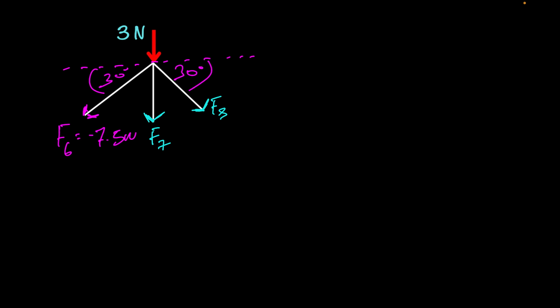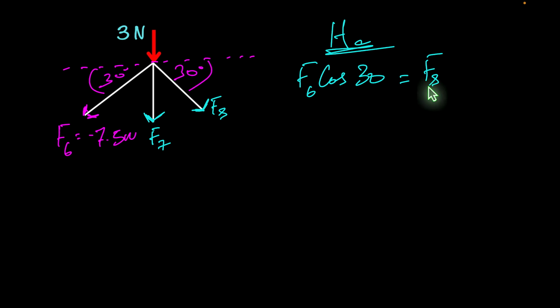So let's say forces going to the left equals forces going to the right, and we're going to start with the horizontal components. So what's going to the left is F6, so we'll use F6 and cos 30, and what's going to the right is F8, so we'll say F8 and again cos 30 for our reference angle. So if we were to divide both sides here by cos 30, then what we have left is just F6 equals F8.